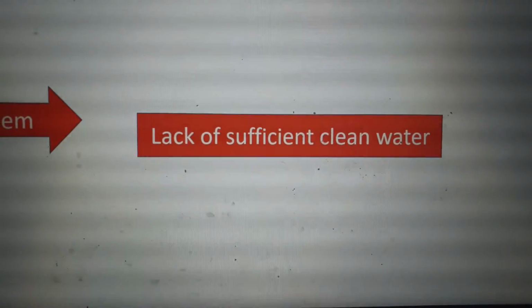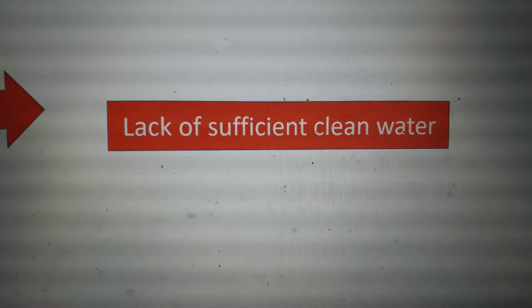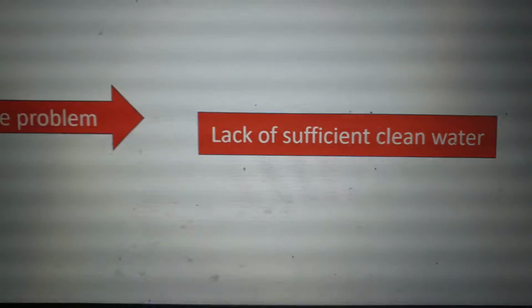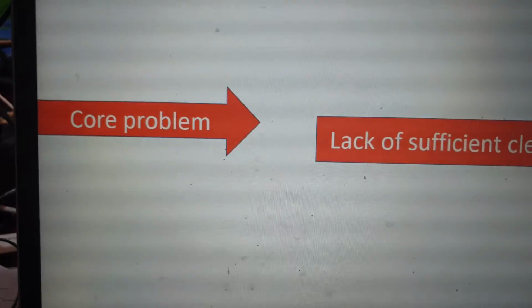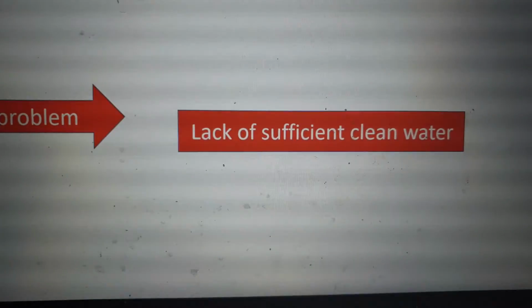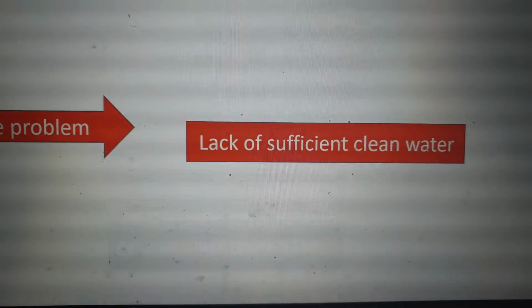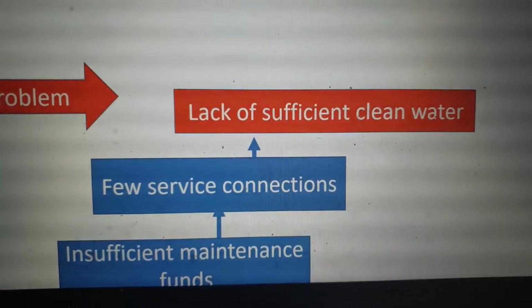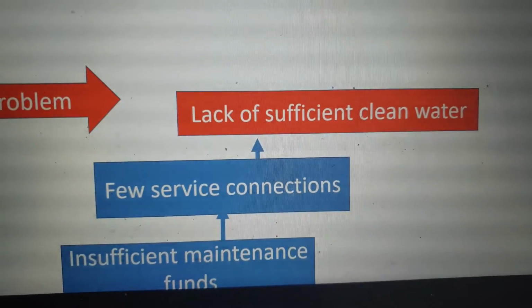You go in the village, in your county, there is lack of sufficient clean water. That looks like the core problem. Lack of sufficient clean water. So now, this lack of sufficient clean water may be because there are few service connections.